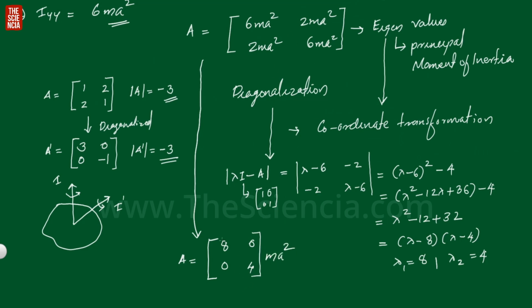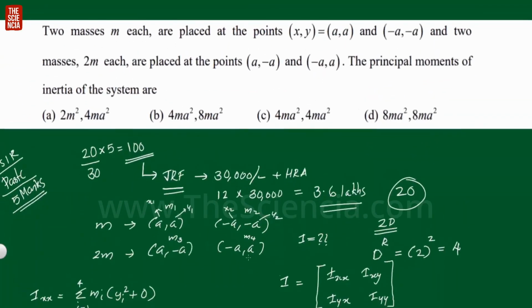So the Ixx value is equal to 8 ma square and the Iyy value is equal to 4 ma square. Now look back into our problem. So which one is the answer? I think you find the answer.